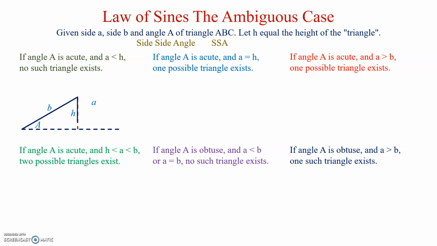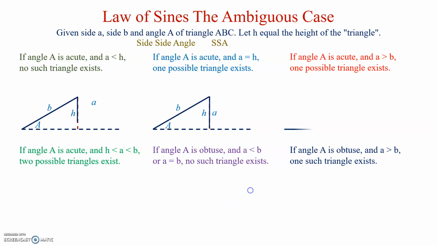In the second situation, we have angle A, side b, and our height. But if the opposite side a is equal to the height, we actually create one particular triangle. So you can begin to see, based upon the measurements given, the possibilities that can occur.